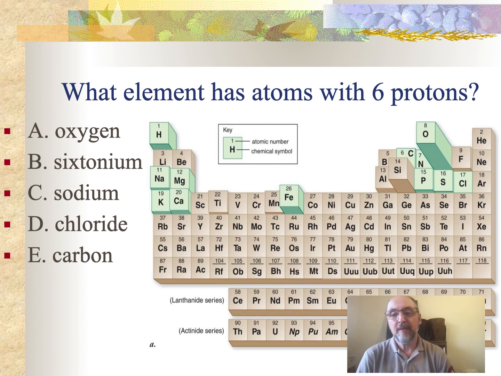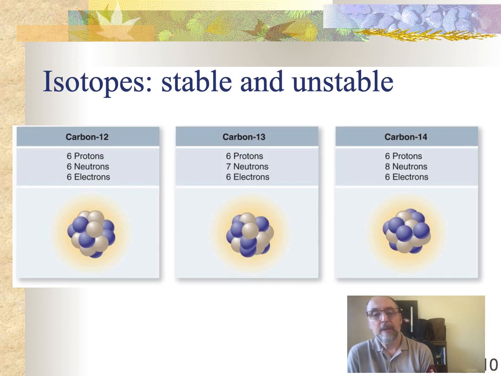Another thing about atoms is that atoms of a particular type sometimes come in different forms. One form are isotopes. Isotopes all have the same number of protons but different numbers of neutrons. Here are 3 carbon isotopes: carbon 12, carbon 13, and carbon 14. These different isotopes have somewhat different properties.